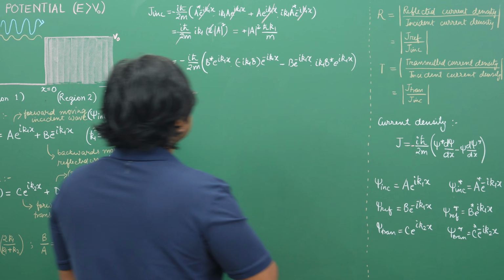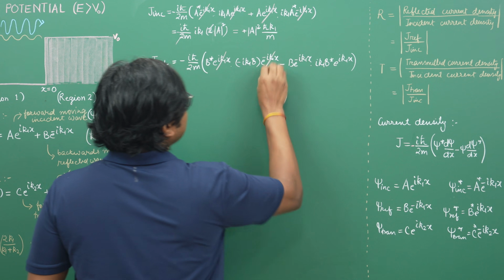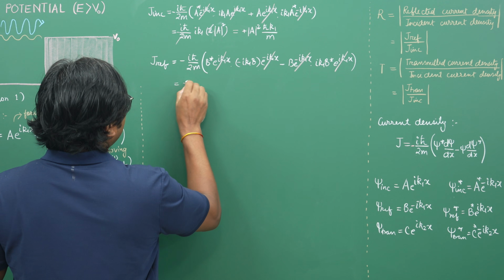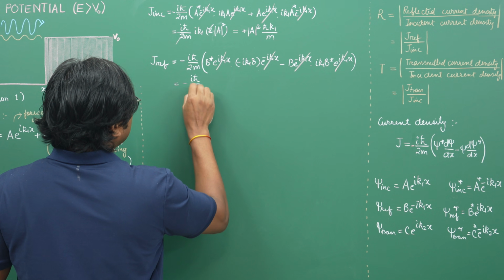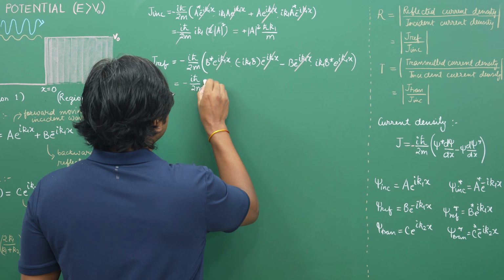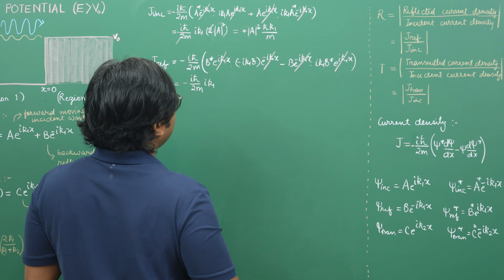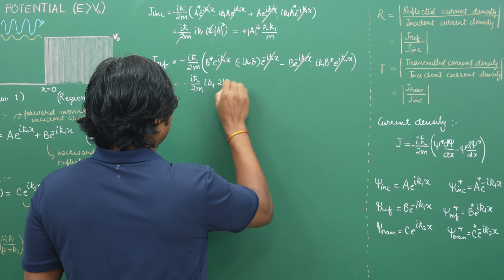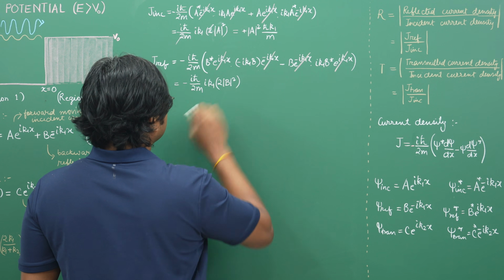So clearly you can see that these terms get cancelled, and what you are left with is minus iota h cross upon 2m, and then here you can take iota k1 out, and you're left with 2 b mod square.